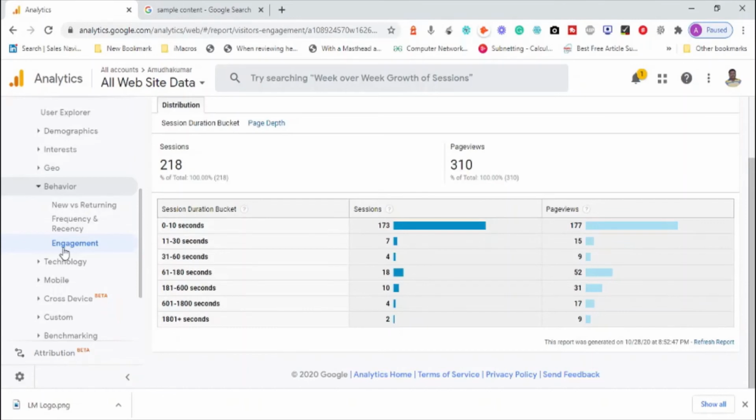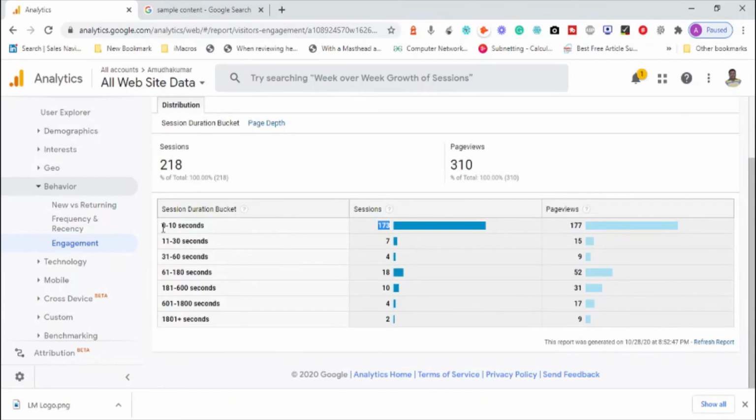Now, when somebody comes to your content, see, 173 sessions were created. 173 people visited the website and generated 177 page views, which means they navigated to 177 pages, and the amount of time they spent is only 10 seconds.